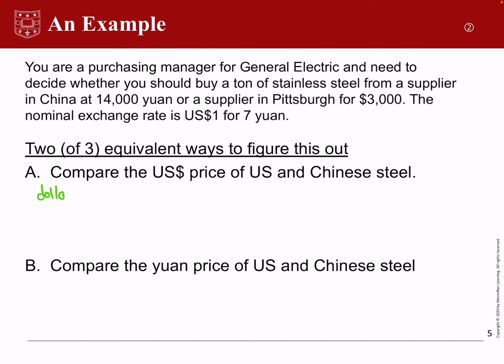So the dollar price of the ton of Chinese steel. And this is going to be a calculation much like what we were doing before.